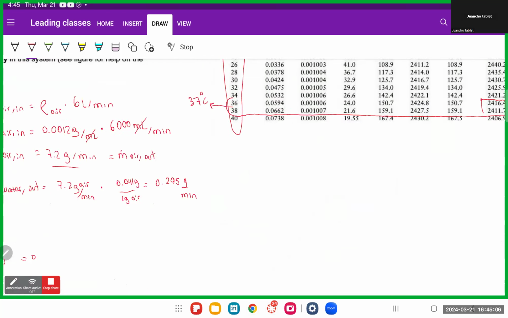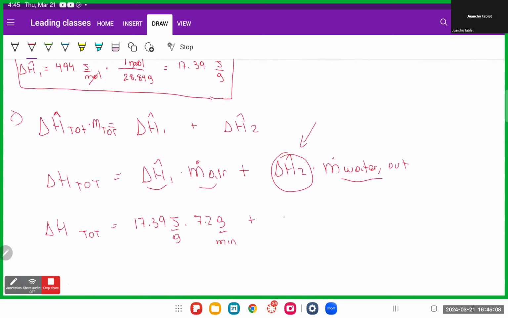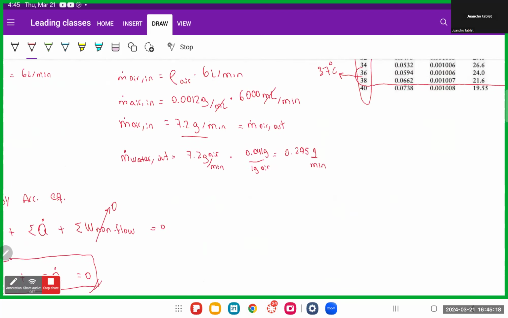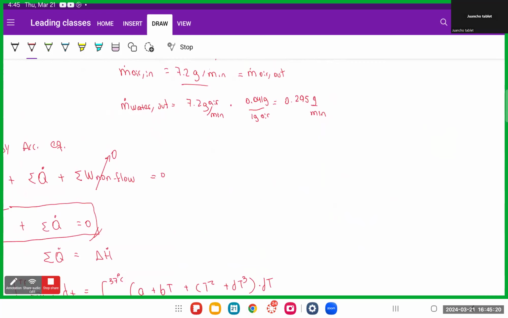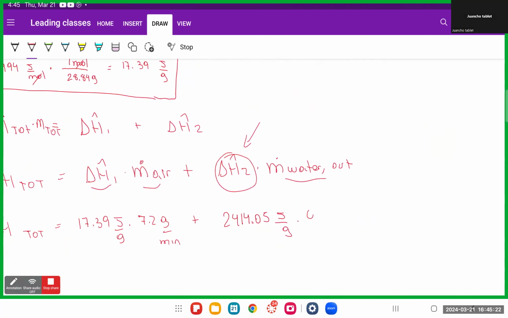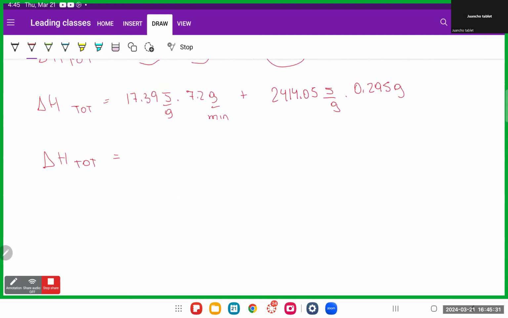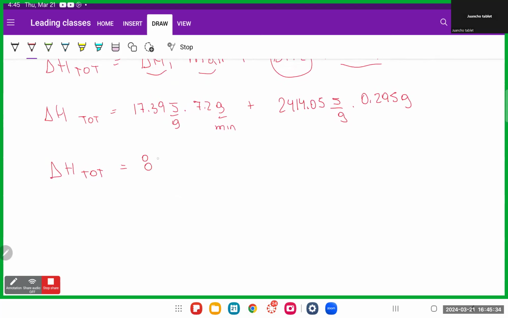Good. So 2414. So we get here 2414.05 joules over grams times whatever it was for water, which I think is 0.2955 grams. Okay, so the enthalpy change total is going to be equal to 837.35 joules per minute.